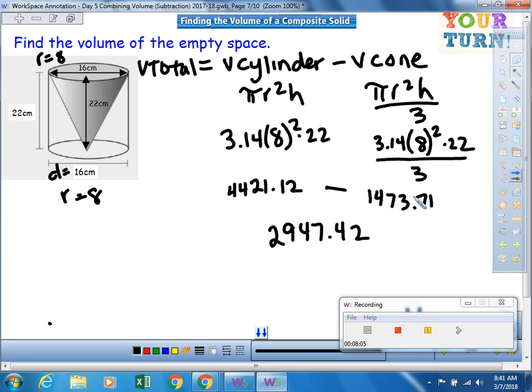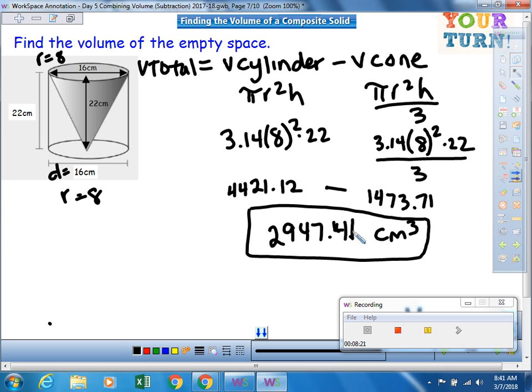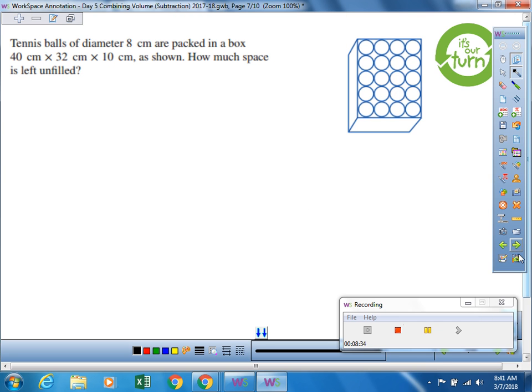So this would be 141, and then it is centimeters cubed. All right, so let's go to the next one. If you had 42, because you didn't put the 1 there, that's fine. If it tells you to round to a specific spot, then yes, you'll get a mark down for not rounding correctly. All right, so now let's look at this one.